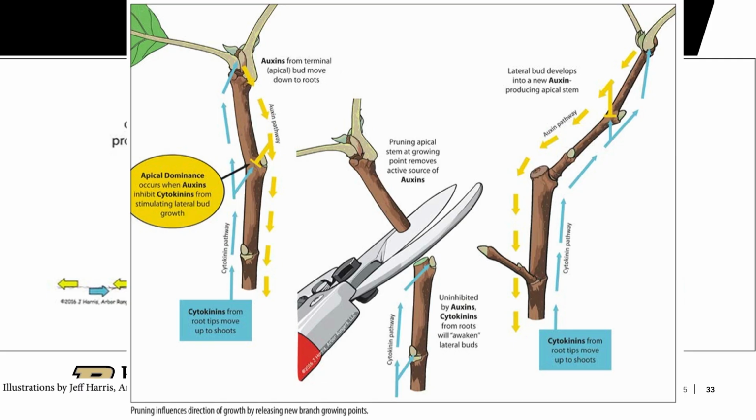And so that's when those cytokinins start to come up, and that's what makes those buds pop. Once you get a strong leader again, then it will take over and prevent those accessory buds from taking over.